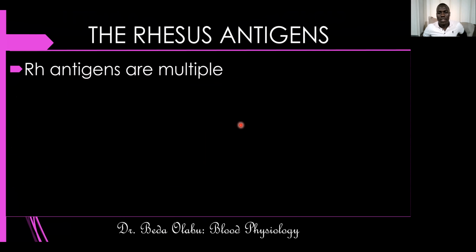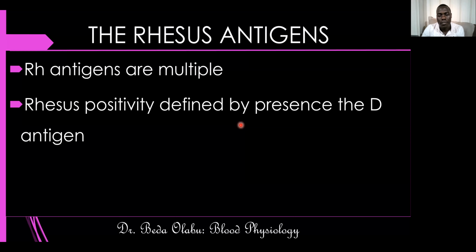Those are rhesus antigens. However, for us to classify you as being rhesus positive, that definition is based on the presence of the D antigen. So the rhesus positivity is defined by the presence of the D antigen.